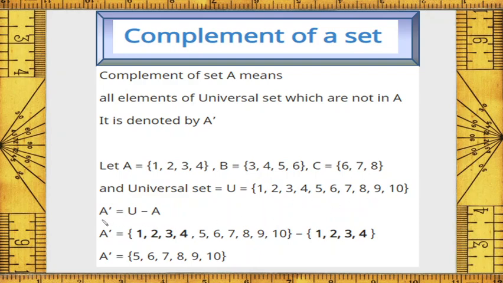Now, as per the definition, let's say we have to calculate complement of A. So this is universal set minus set A, because the definition says all elements of universal set which are not present in A. So we have to subtract set A from universal set. So 1, 2, 3, 4 are the common elements and we will subtract that, and this is the answer. This is complement of set A.